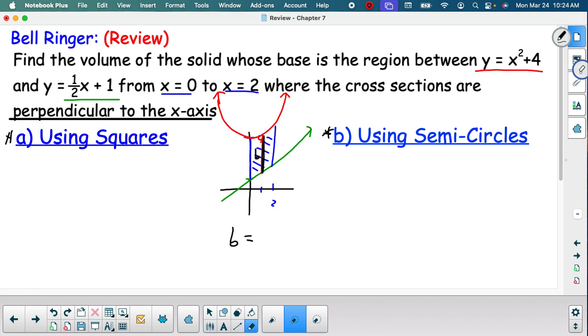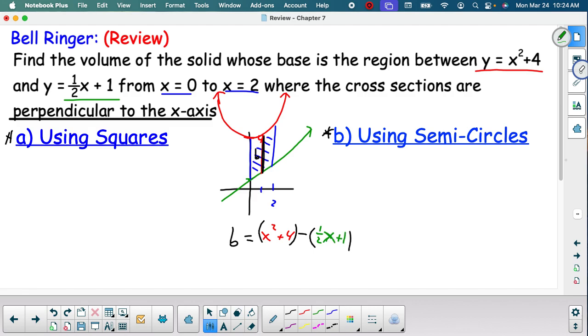And so if I want to find the base, since it's going up and down, it's going to be the difference between my top function, which is my x squared plus 4, minus my bottom function, the 1 half x plus 1. If I distribute the negative through there, I'm going to end up with x squared plus 4 minus 1 half x, and then minus 1, sorry.